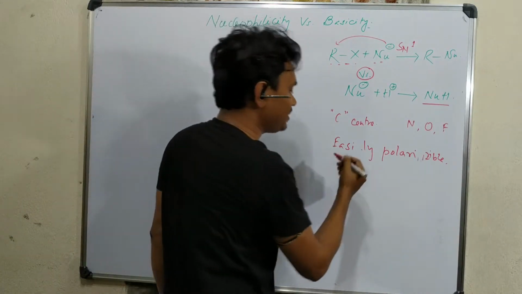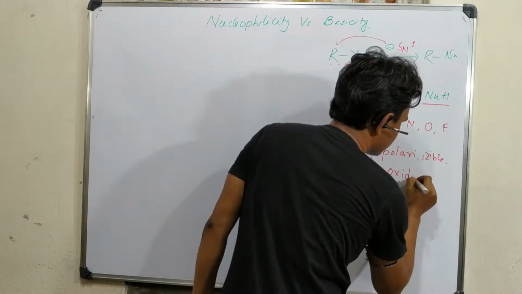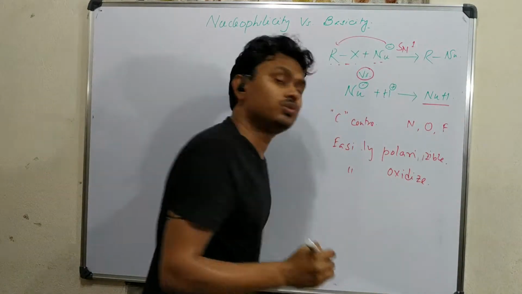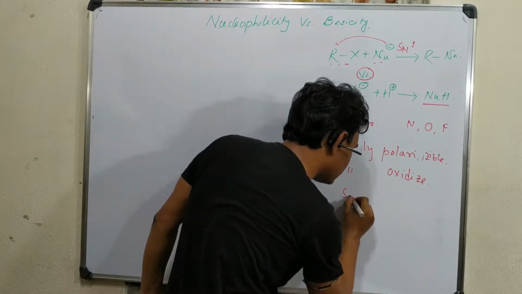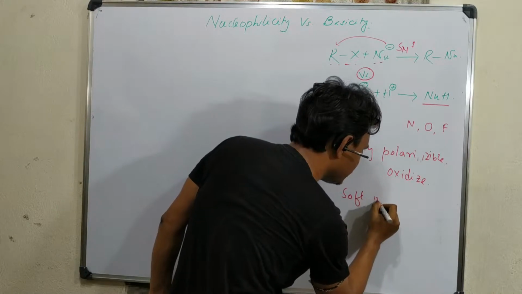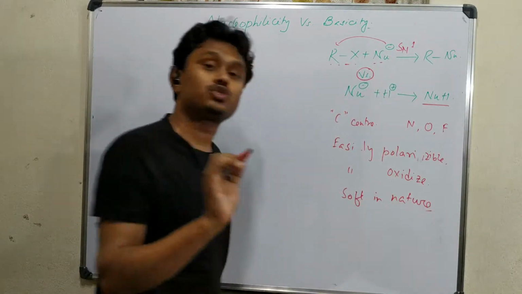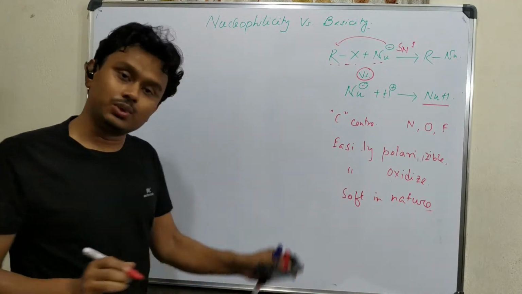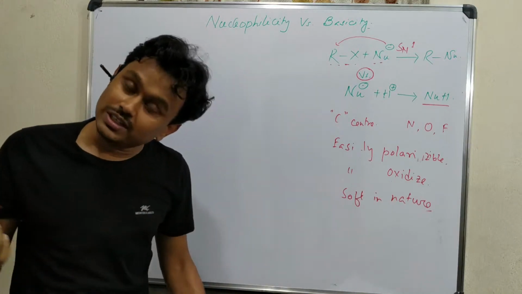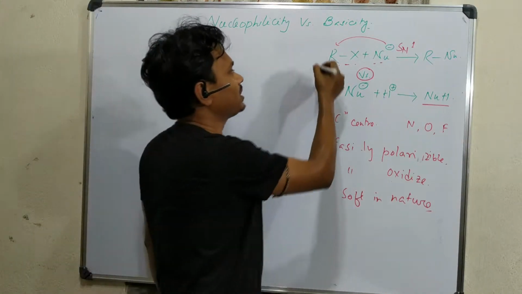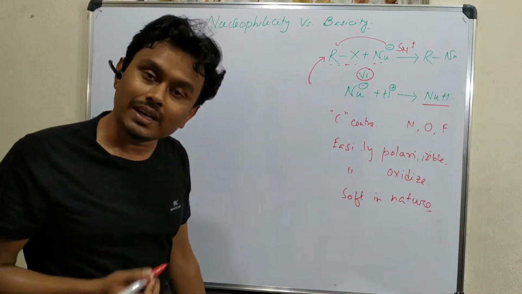So what does it mean? That they are easily oxidized. So what does this factor indicate? The electron cloud is soft in nature. If it is soft, it could give electrons to softer centers, not only carbon, other soft electron centers, and could attack easily to form such a reaction.